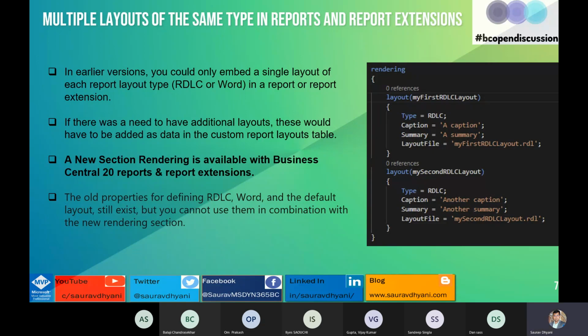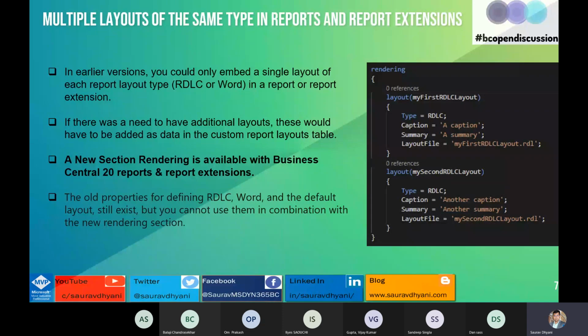Starting Business Central 20, either you are using reports or you are using report extension, you can actually add multiple layouts as part of your extension. They can be Word layout, they can be RDLC layout, a mixture of those. It's okay.